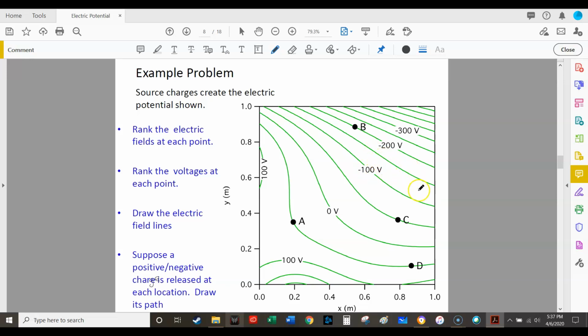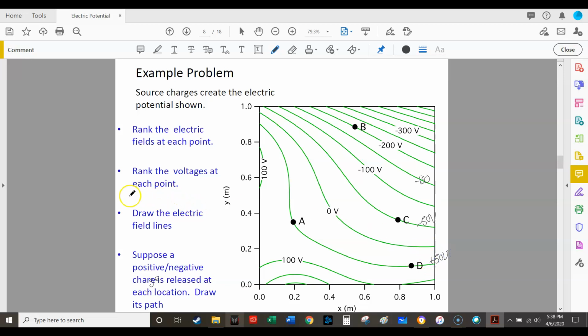So I'm guessing that this is going to be negative 150 volts here, and that the voltage difference is by 50 volts. So that's negative 150 volts. C is going to be then at negative 50 volts. B is going to be at negative 200 volts. A and D are going to be at positive 50 volts.